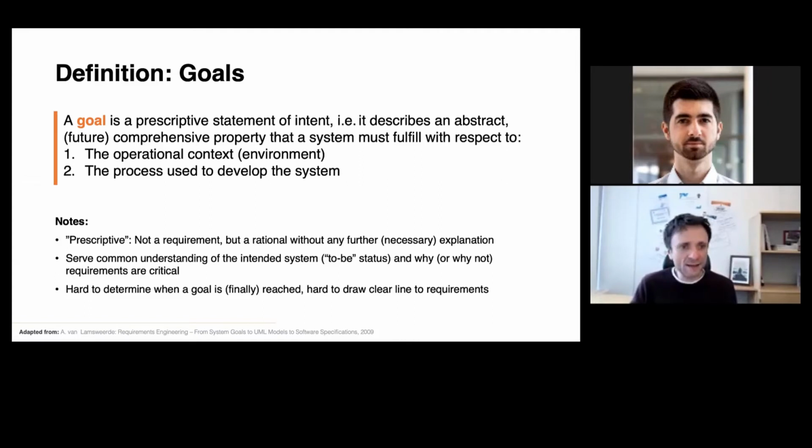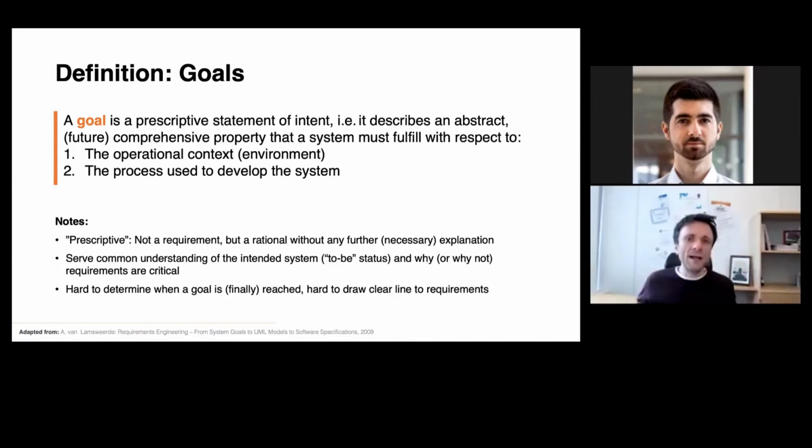And the second thing that is important to understand is that we describe a future state of the system. What we tend to do with goals is to describe the intended to-be status in the future. So typically, requirements engineering is a lot about bringing change to a current situation where we might want to improve a current system and replace it with a new system.